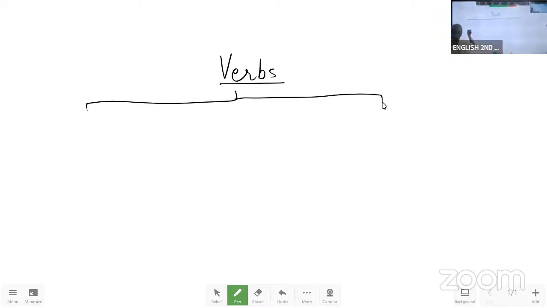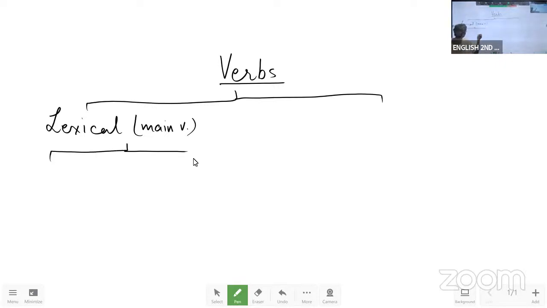One is lexical, otherwise known as main verbs, what you call action word. Those are main verbs, while we have many auxiliaries. Lexical again is divided into two: transitive and intransitive.